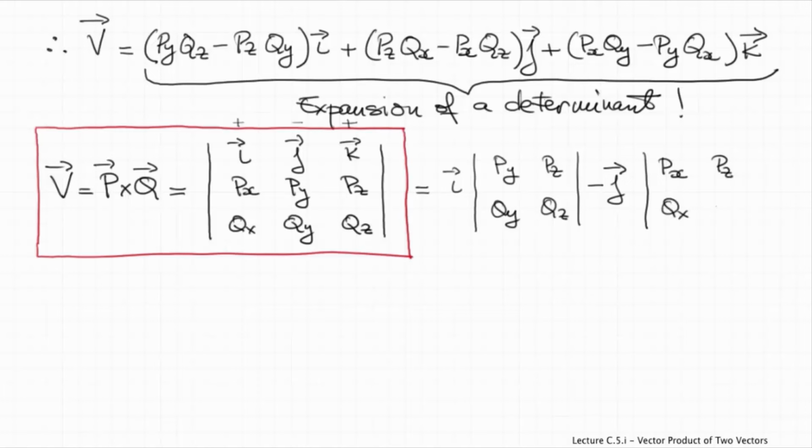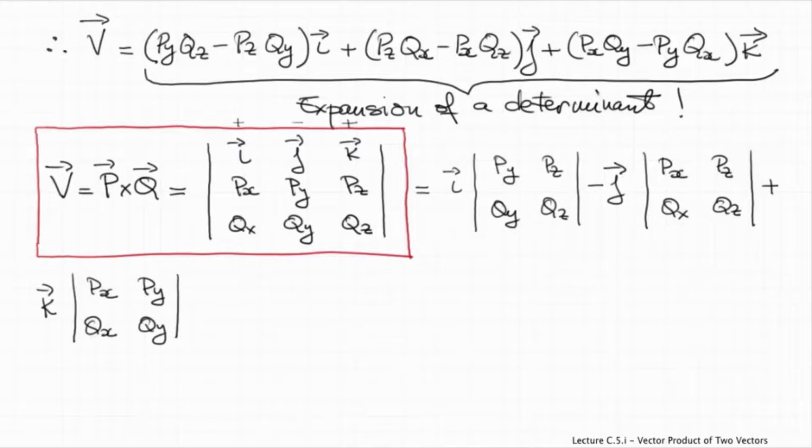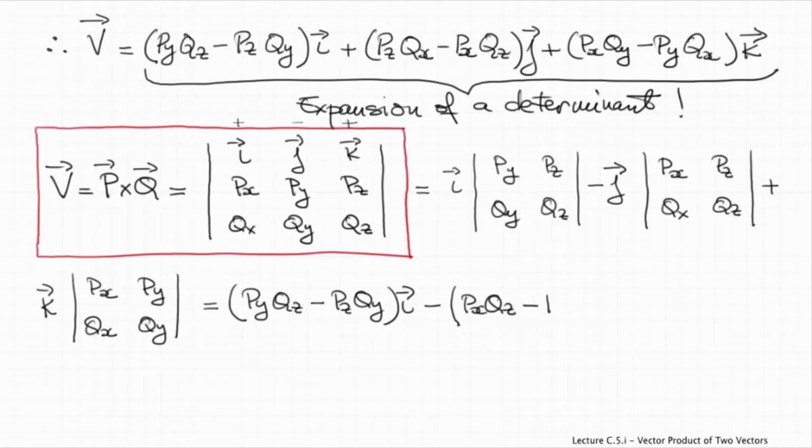Now we factor out j, but with a negative sign, times a smaller determinant, px, pz, qx, qz, plus, now we alternate the sign again, plus k times the 2 by 2 determinant, px, py, qx, qy. Expressing these smaller determinants gives us pyqz minus pzqy times i, minus pxqz minus pzqx times j, plus pxqy minus pyqx times k.